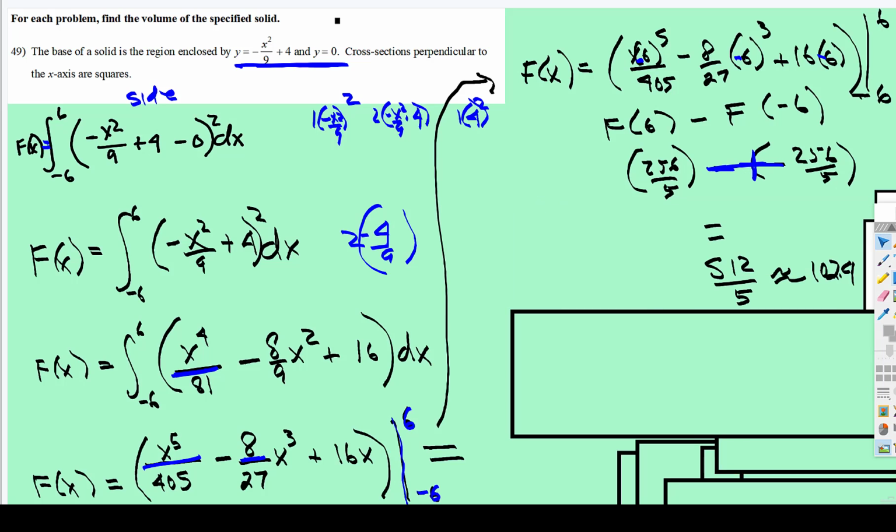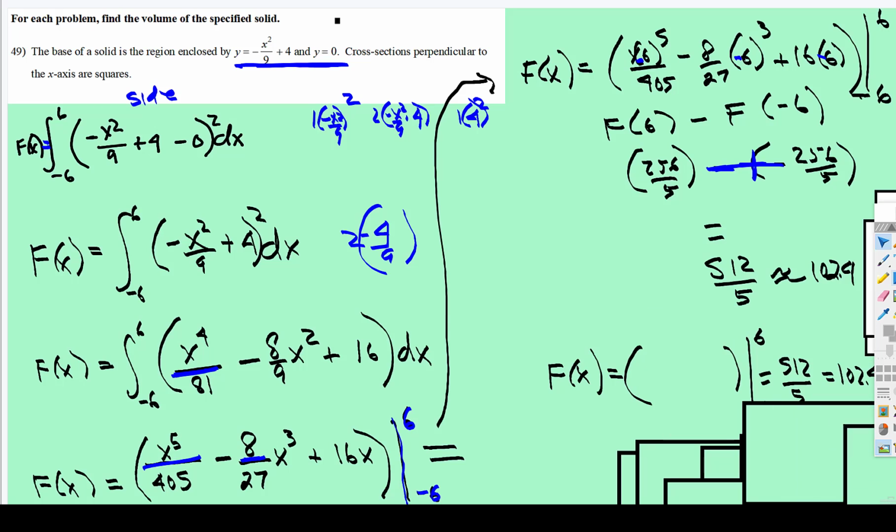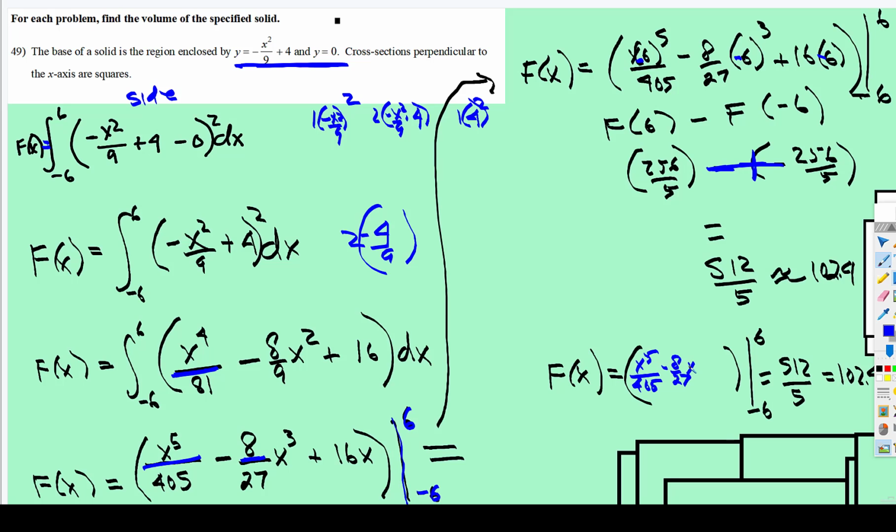So you end up with 512 over 5, or about 102.4. Then you rewrite that whole thing: f of x is equal to x to the 5th over 405 minus 8 over 27 x cubed plus 16x, from negative 6 to the upper bound 6, and that's what it equals. All right, that's it for this one.